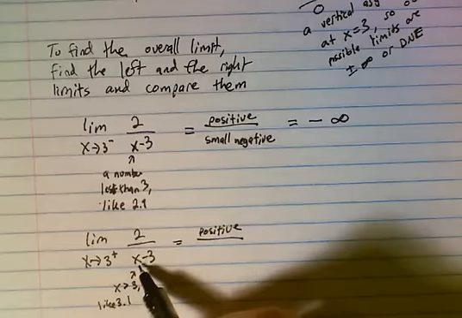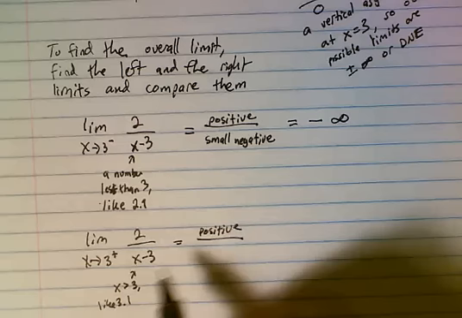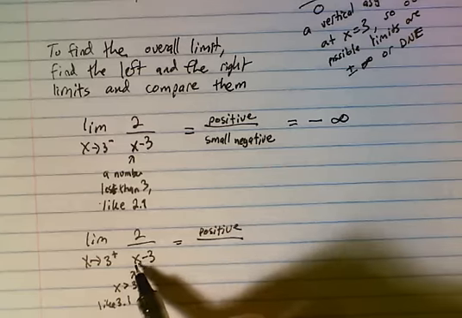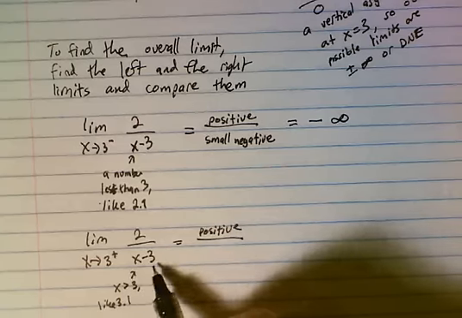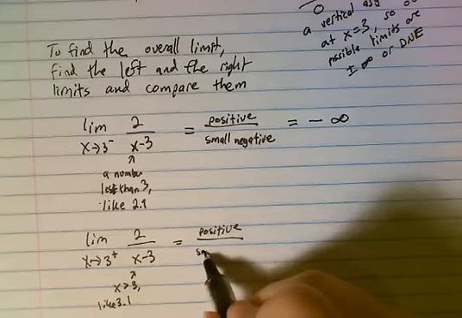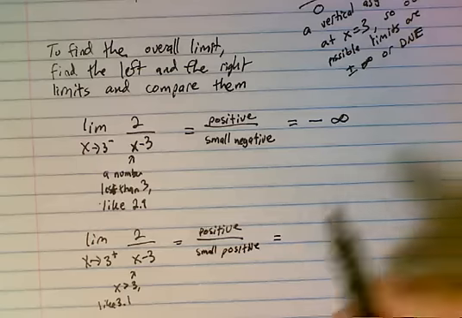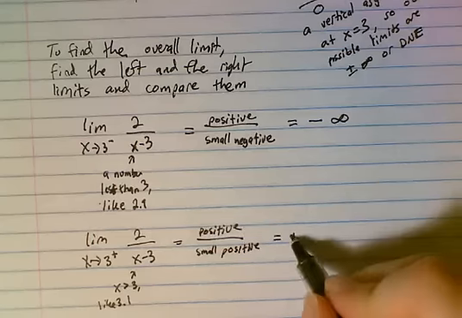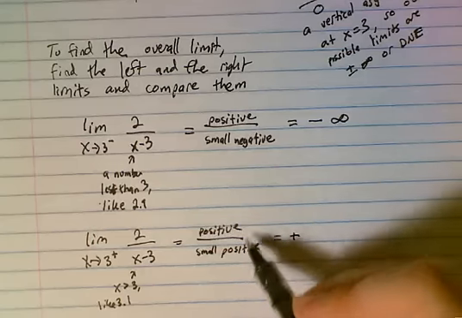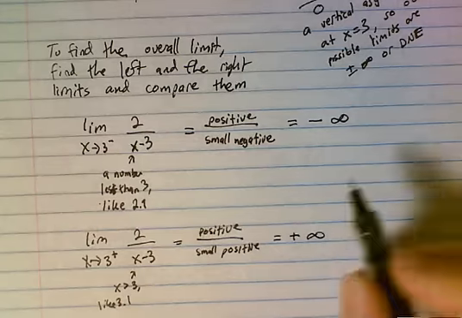And if this is 3.1, 3.01, 3.00001, whatever, as long as it's coming from the right, it's going to be a little bit bigger than 3, so x minus 3 is going to give us a very small positive. Positive divided by positive is positive, and a number divided by a very, very small number is going to be infinity.